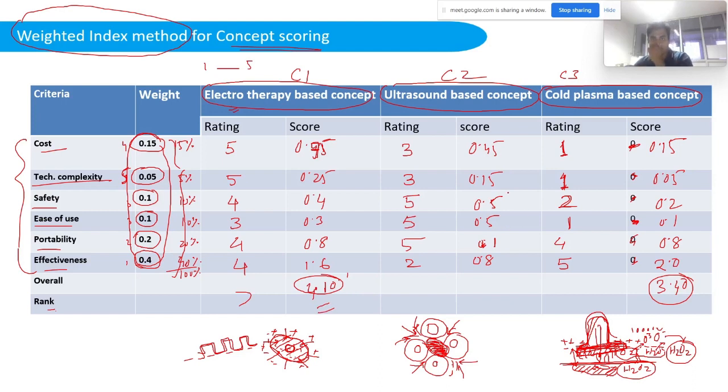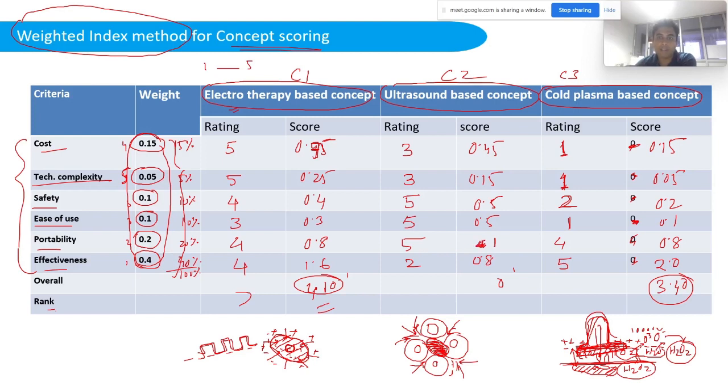Now next, if we sum this: 5, 5, 10, right? 10, 0, 1. Then this is 1, right? This is, sorry, this is 1. Okay.